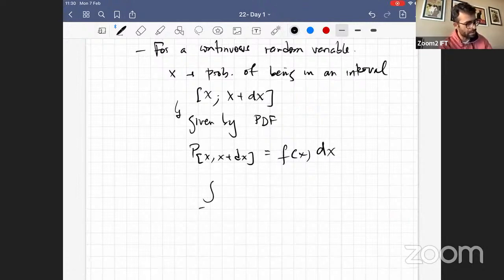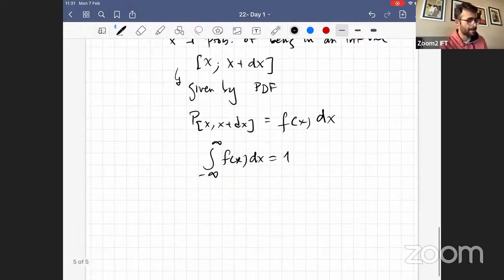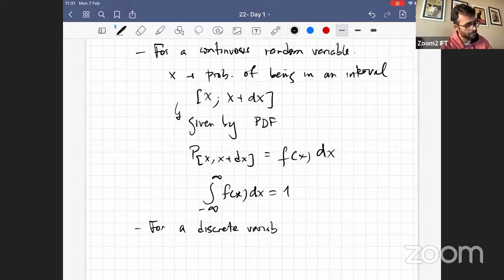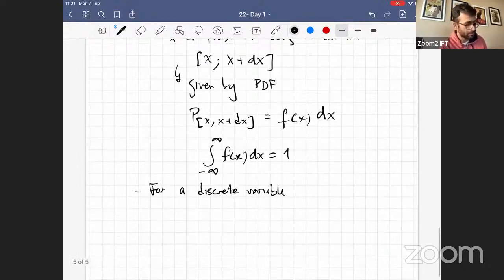And of course, this should obey one of the axioms of probability: the integral of this should be 1. And I can do the same for a discrete variable. For example, I can think of a variable being just the natural numbers.